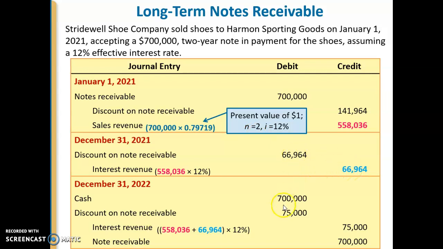Now next year, using the compounding of interest, we're going to charge 12% on this number plus this number.